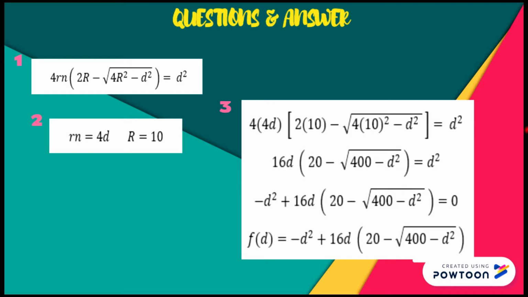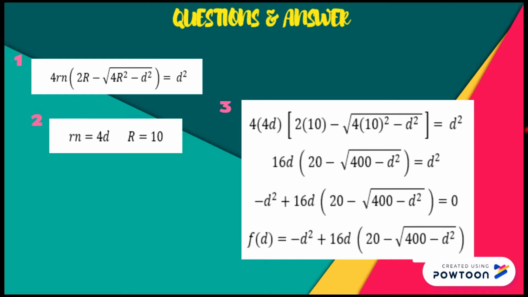It also gives the error, which must be less than or equal to 0.0001. The question also gives that Rn is equal to 4d when r is 10 inch. First of all, we must substitute 4d into Rn and 10 into r in the equation.